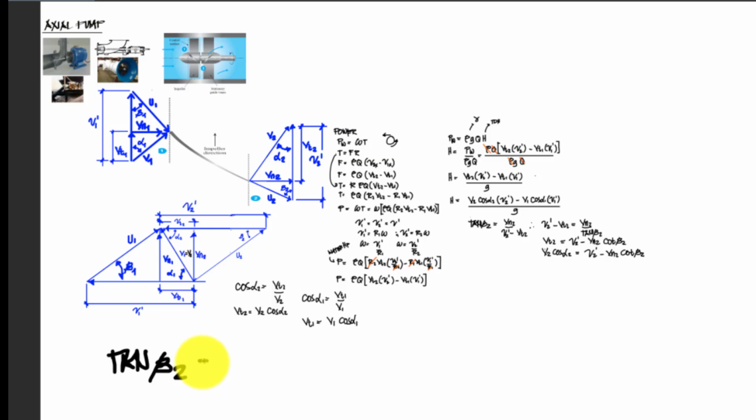So I'm going to change this one to point 2. So tangent of beta 2. Your opposite, we have the normal velocity 2, and this is over the adjacent.